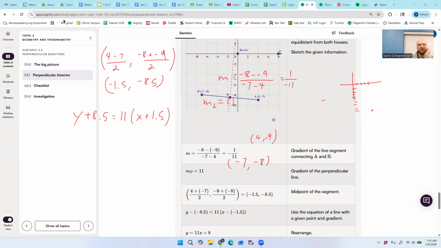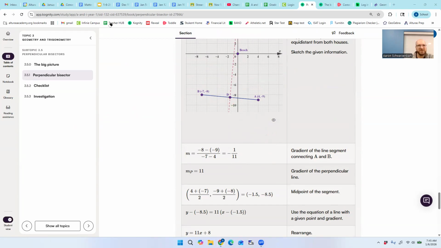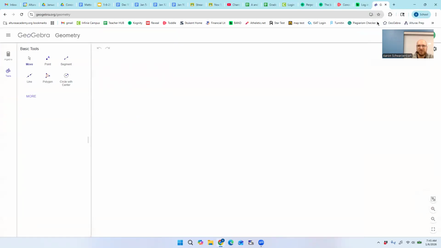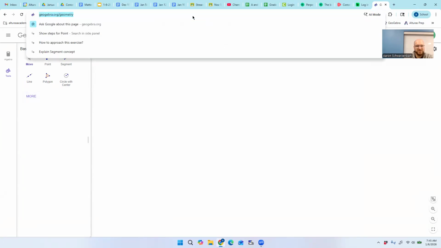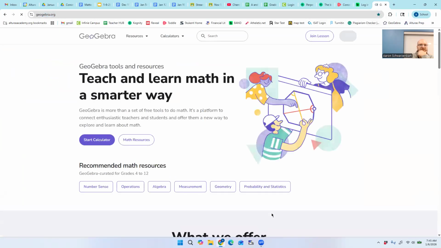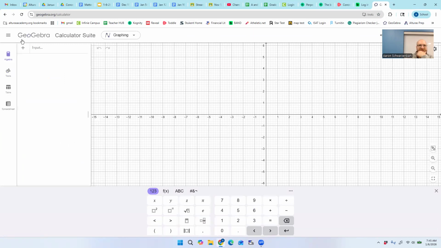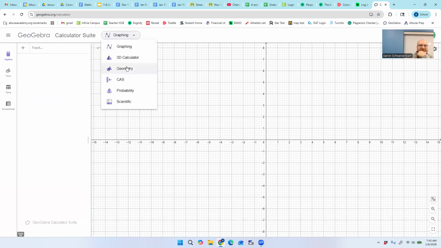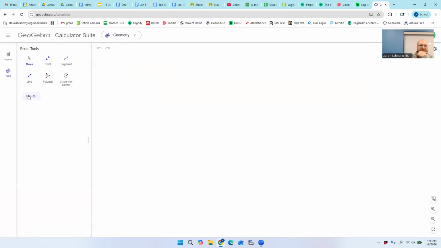I do want to show you something quick in GeoGebra about how to use perpendicular bisectors, and this is going to be important for what's next. So if I go to geogebra.org and I hit Start Calculator, that can give me a graph, but I probably want to do geometry.